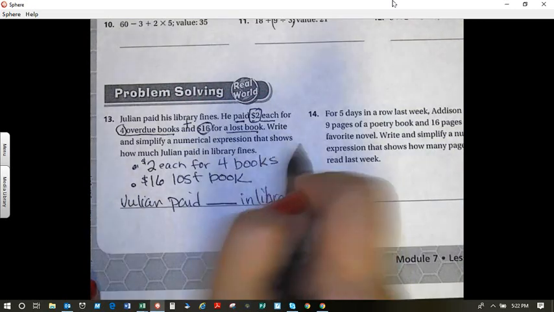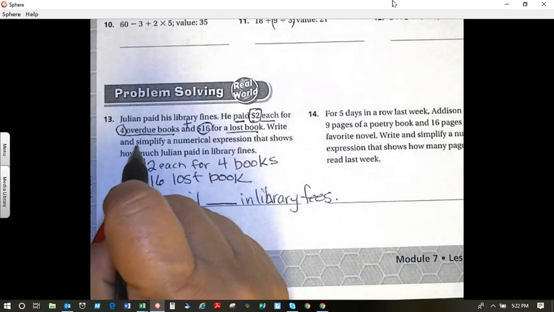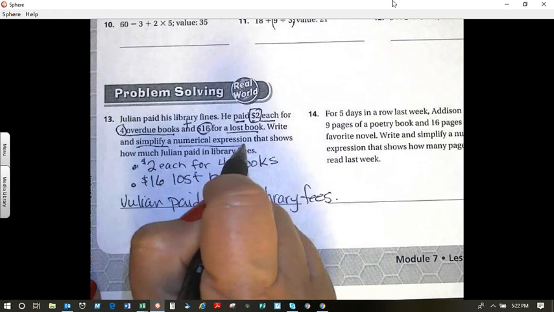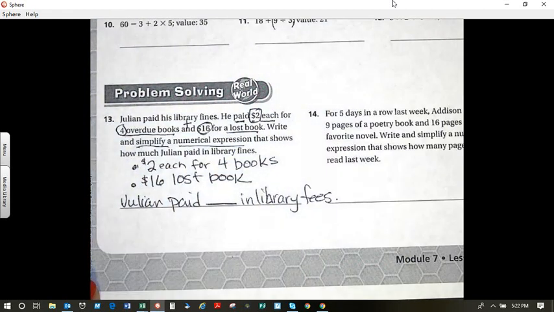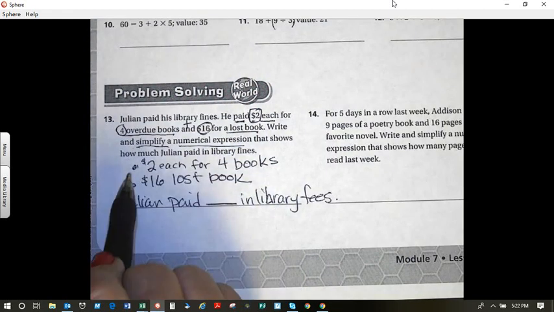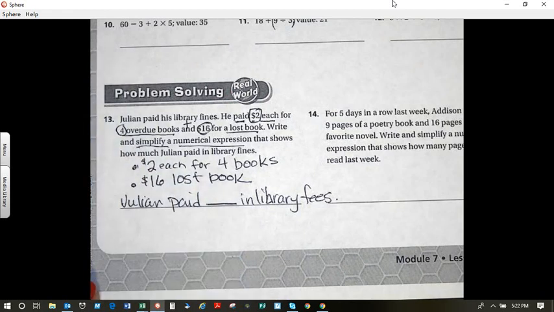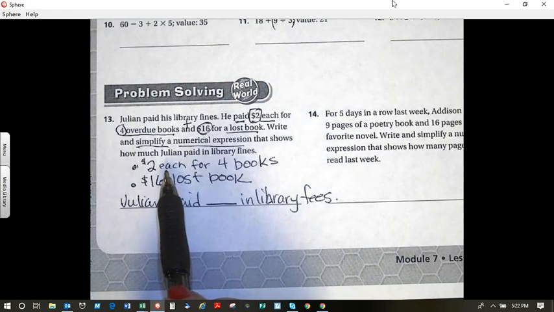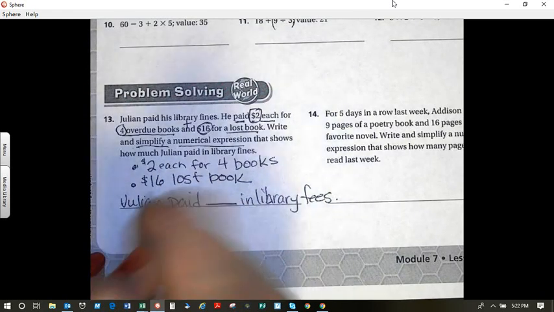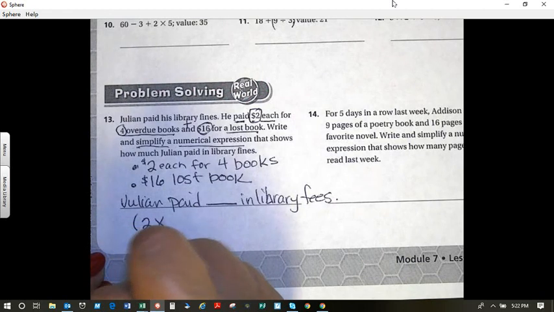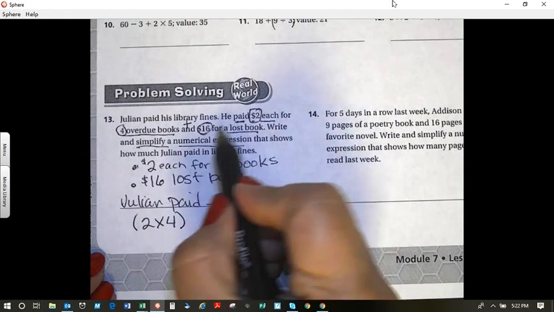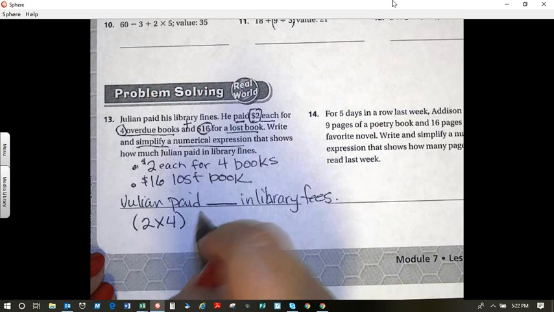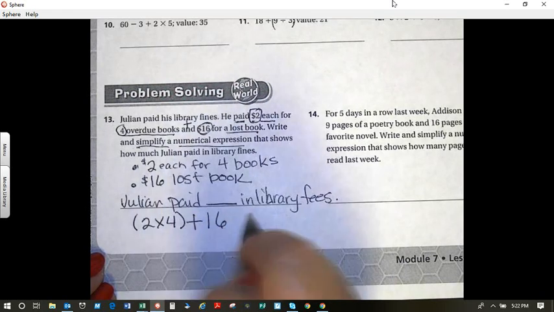So I'm needing to write and simplify a numerical expression. So let's write a numerical expression. Using the first bullet, what will our numerical expression be? And remember, numerical expressions are numbers and operations. So what could we do here? Yes, so absolutely, 2 times 4. We said that the and was a plus sign, the $16.